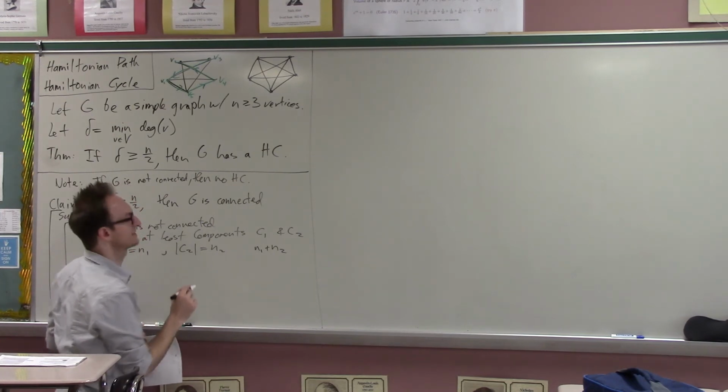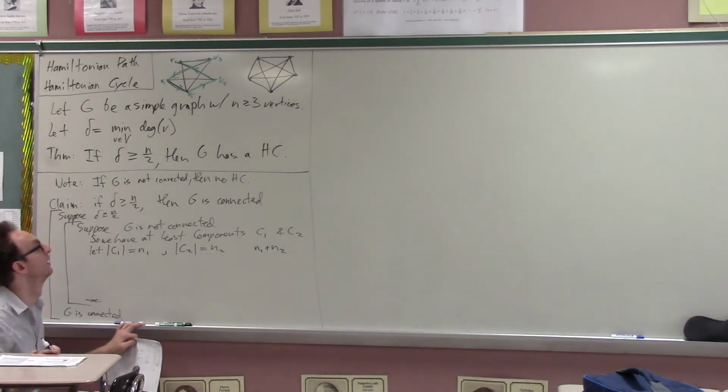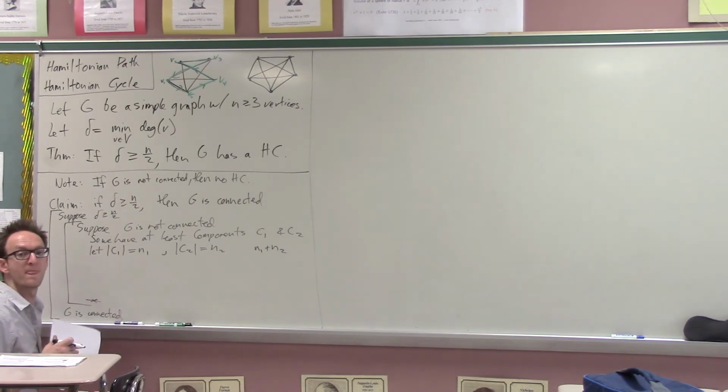The smaller of N1 and N2 has to be less than or equal to N over 2, because if neither of them were, they would add up to more than N.